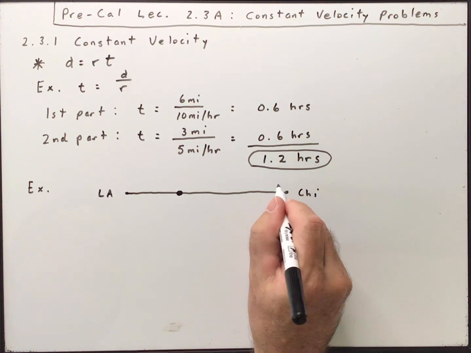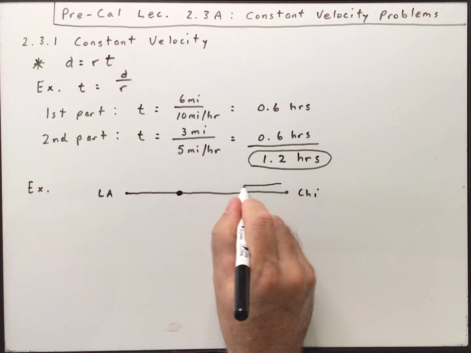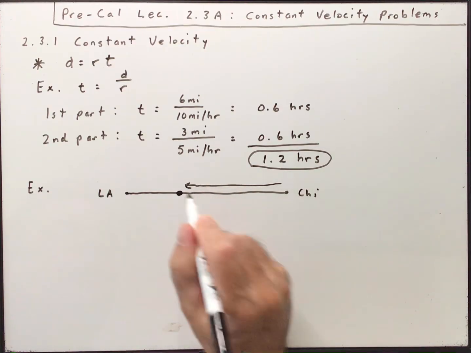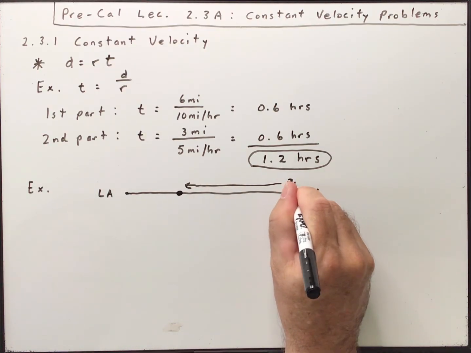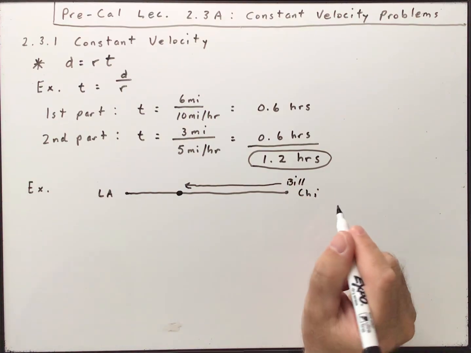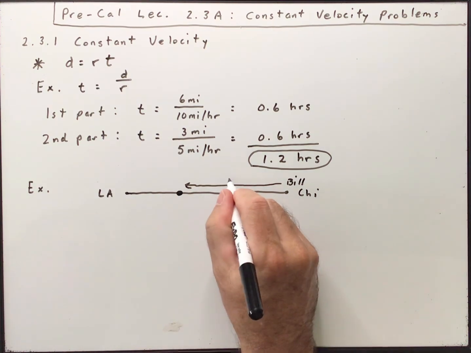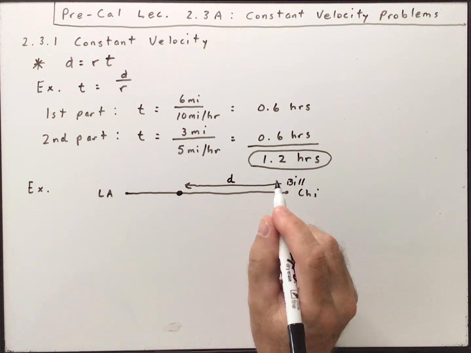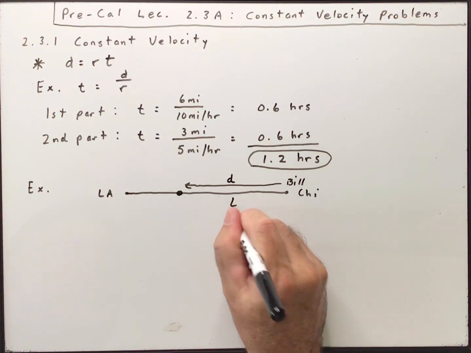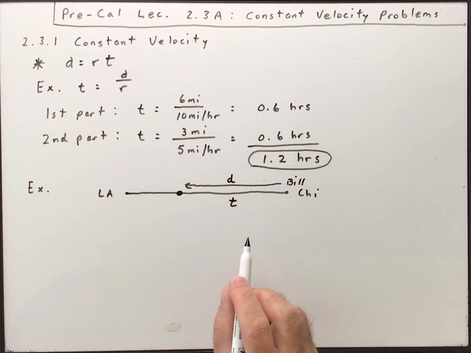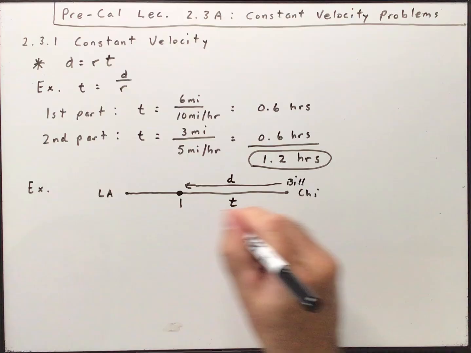So this is Bill traveling, right? And the question is, how long will Bill travel before the two planes meet? So we're going to call that distance D and time T, from here to here.